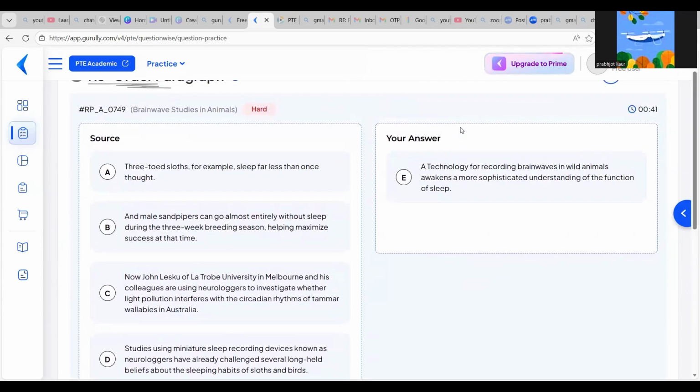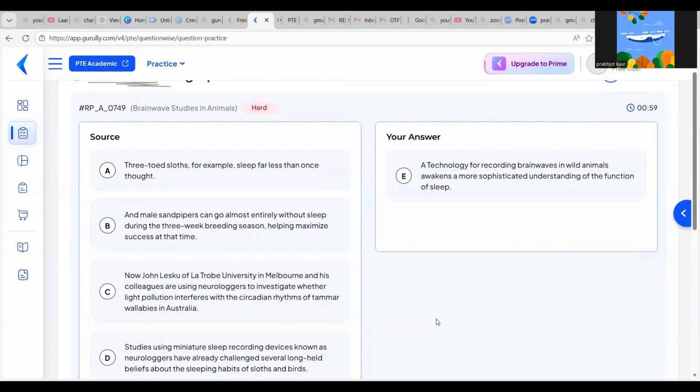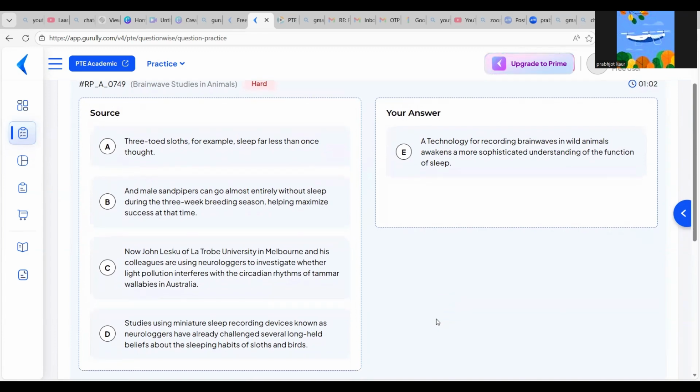"A technology for recording brainwaves in wild animals awakened a more sophisticated understanding of the function of sleep." Function of sleep. So, "studies using miniature sleep recording devices known as the neurologists have already challenged long-held beliefs about sleeping habits."